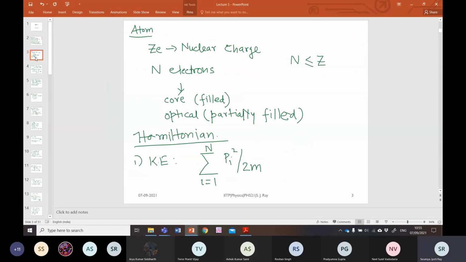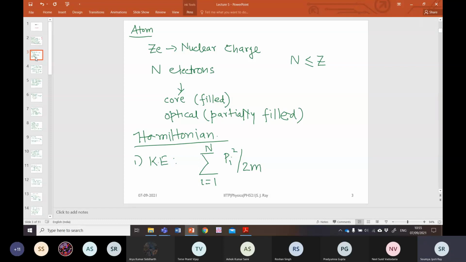Let us now talk about a generalized atom which has atomic number Z, and let's say it has n number of electrons. You can ask me why n and Z are different. Because it's an atom, it has to be charge neutral, which means you can assume n and Z have to be equal, or the number of electrons and the charge have to balance each other.